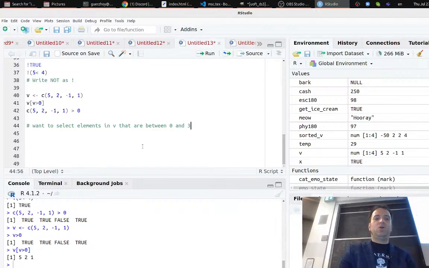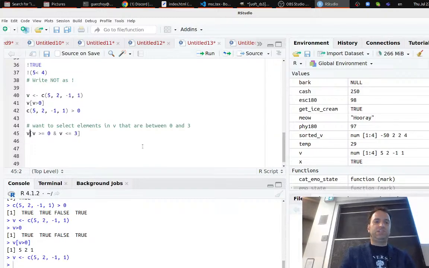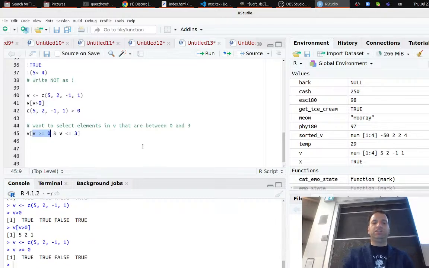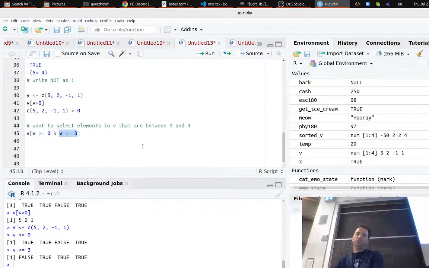One way to do it is to say I want the elements at V which are greater than 0, or depending on whether you mean inclusive or exclusive of 0, greater than or equal to 0 and also smaller than or equal to 3. So if this is V, then V greater or equal than 0 is like this: true if it's greater than or equal to 0, false otherwise. V smaller or equal to 3 is like this: false if not smaller or equal than 3, true otherwise.